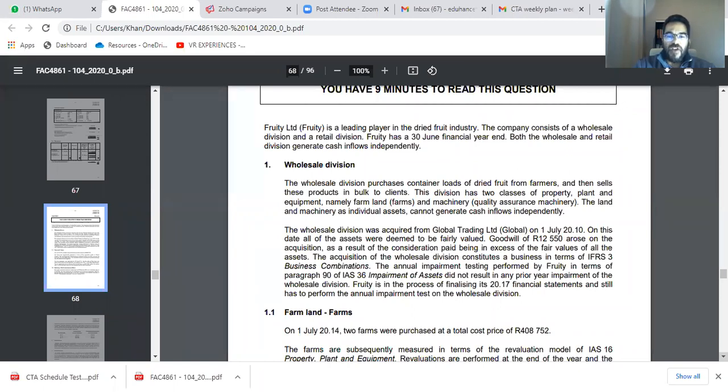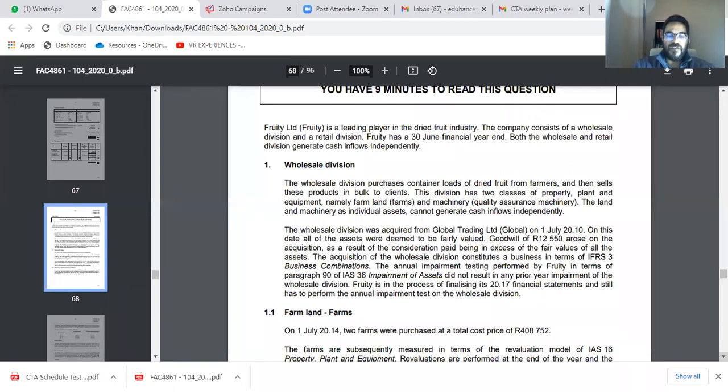The acquisition of the wholesale division constitutes a business in terms of IFRS 3 Business Combinations. The annual impairment testing performed by Fruity in terms of paragraph 90 of IAS 36 Impairment of Assets did not result in any prior year impairment of the wholesale division.